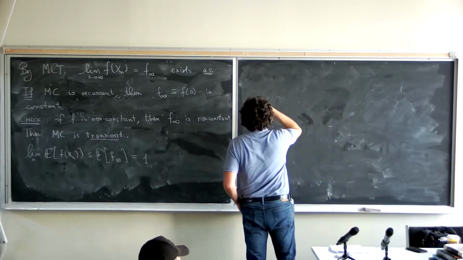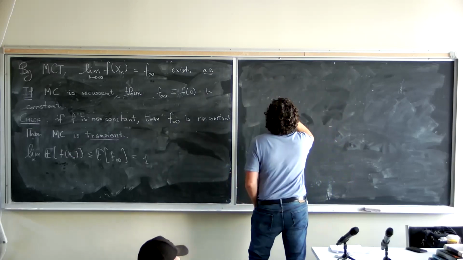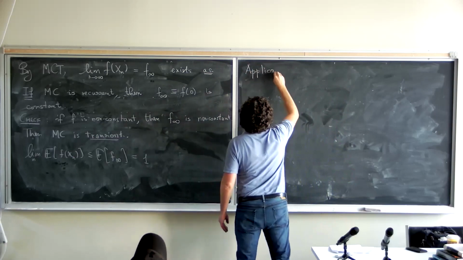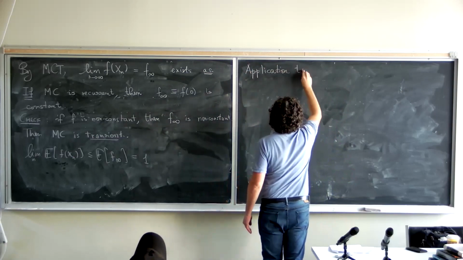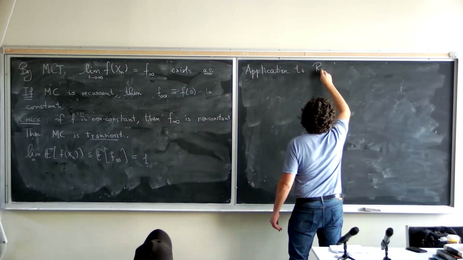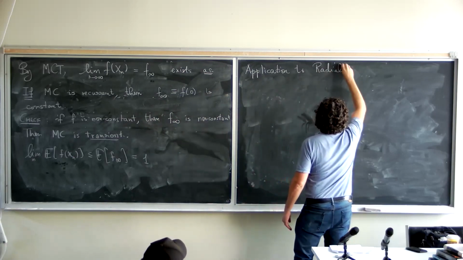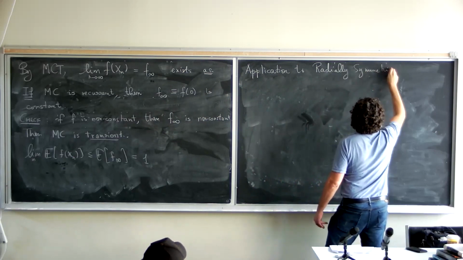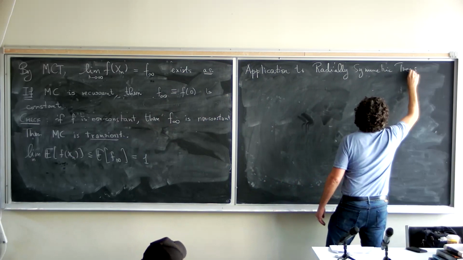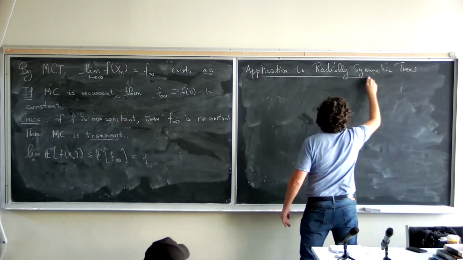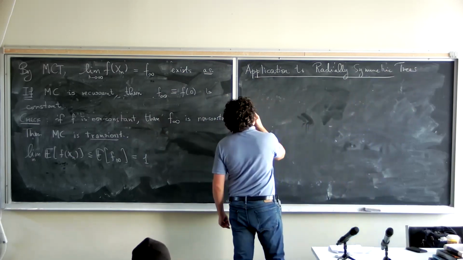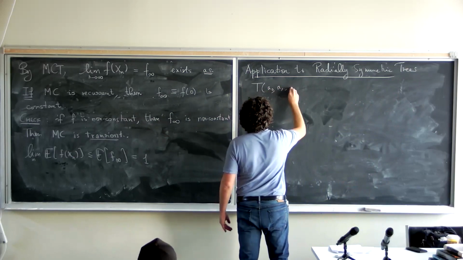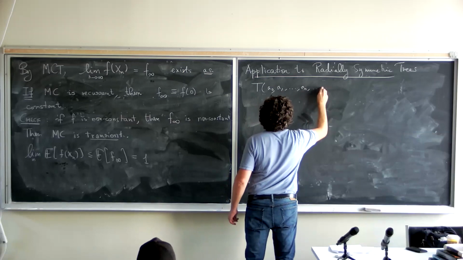So the issue here is the following. Application to radially symmetric trees. So now we have T, A0, A1, and so forth, AN.